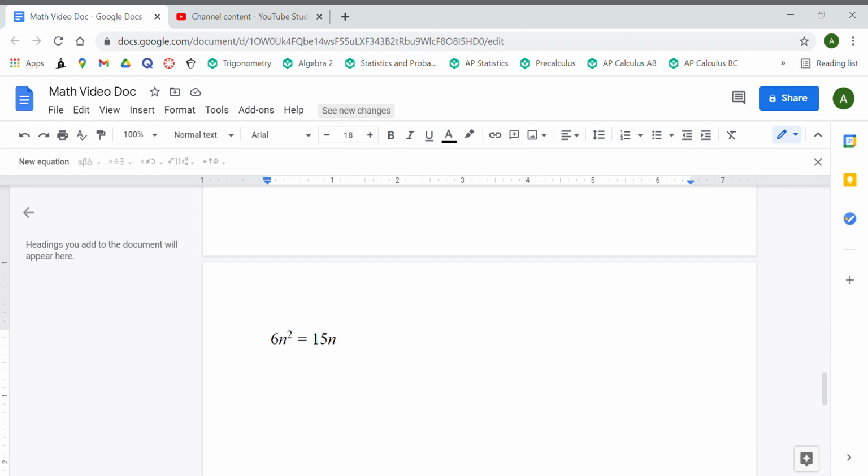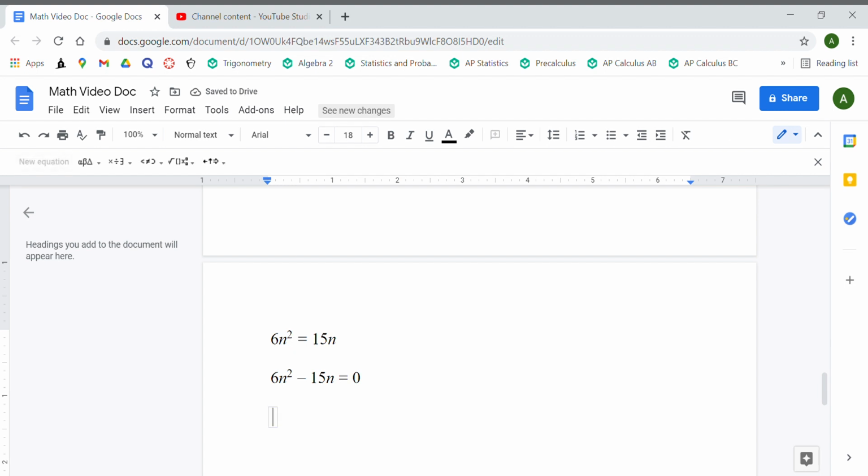Okay, so we need to set this thing equal to 0, and it's a pretty easy way to do it. It's going to be 6n squared minus 15n equals 0. Alright, now we can factor. So 6 goes into 15 2.5 times.